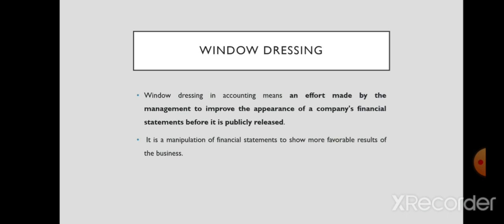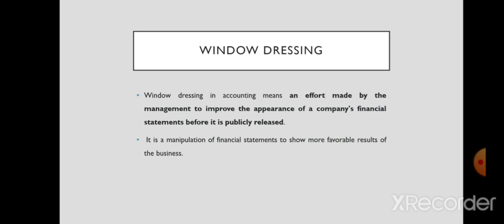But no organization will get the financial sources required to run very easily. That is one of the reasons why the window dressing concept is in the picture.